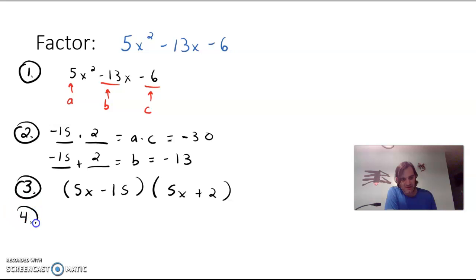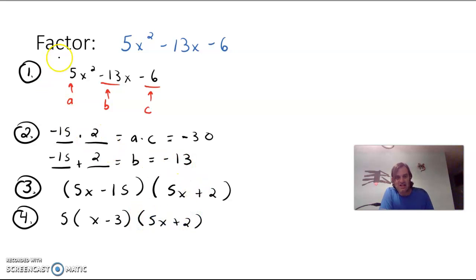So step 4, I said if you can factor anything out of either one of these, you will do that. In the first one, 5x minus 15, you can pull a 5 out, and that will give you x minus 3. In the second one, 5x plus 2, you can't pull anything out. And I also said that if you pull anything out in step 4, throw it away. Just mark it out.